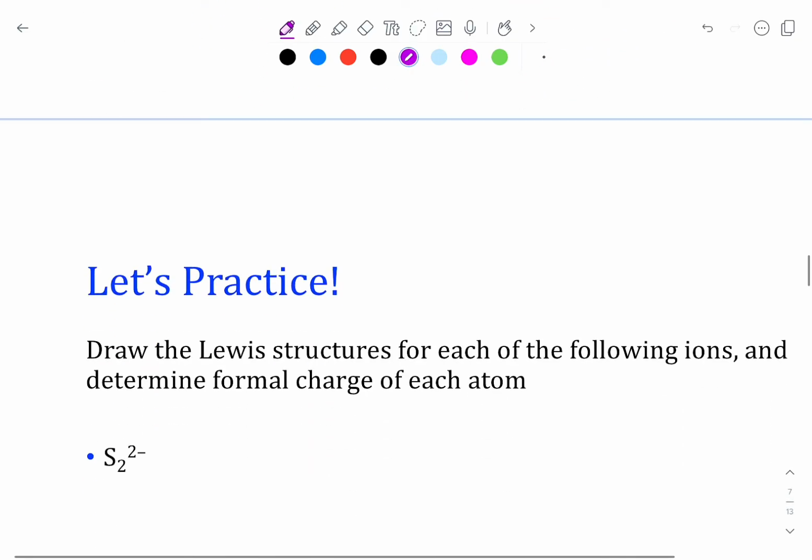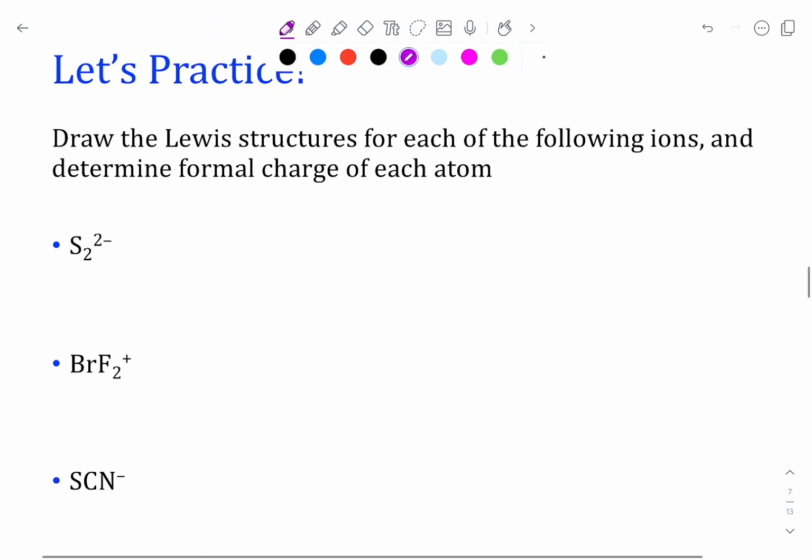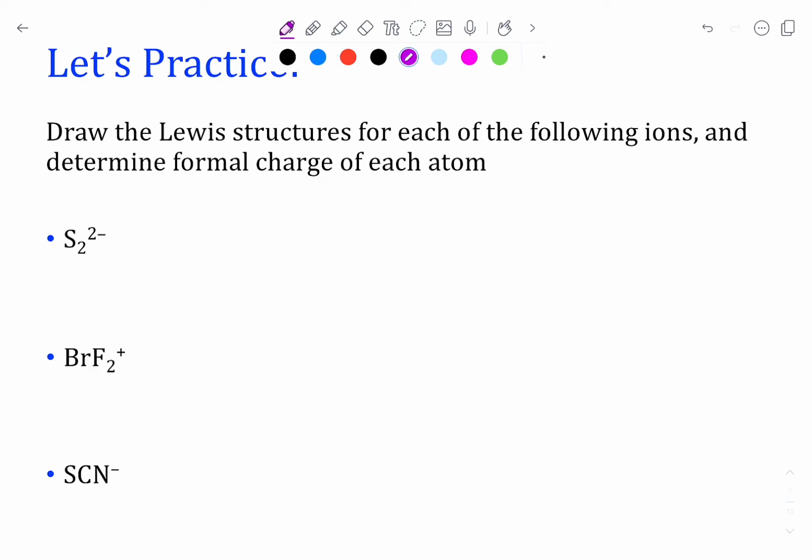Okay. Let's do a few more where we first draw out our Lewis structures and then determine our formal charges, because for a lot of our formal charges, we have to determine our Lewis structure first. And if we don't have the right Lewis structure, then we won't have the right formal charge.